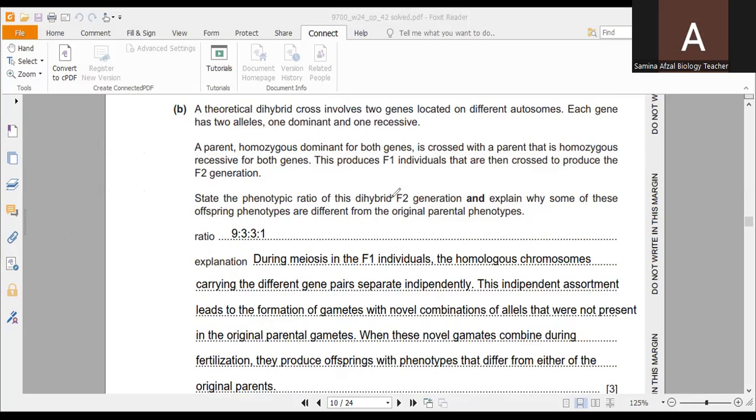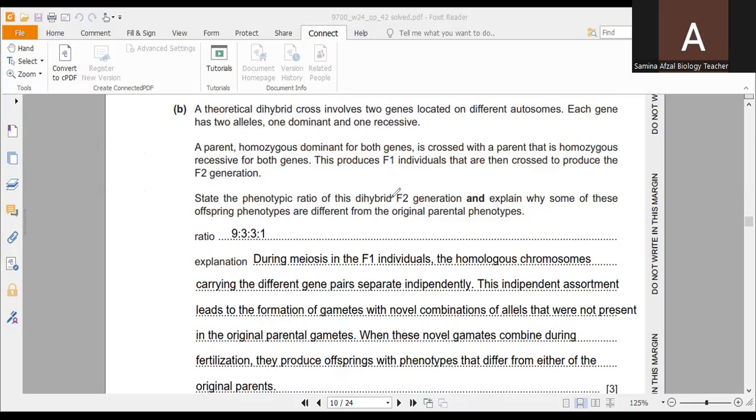So here you can see the typical phenotypic ratio of the F2 generation in a dihybrid cross involving two independently assorting genes with complete dominance is 9:3:3:1. As you know, in a monohybrid cross there is only one characteristic to be observed, and it produces four combinations.